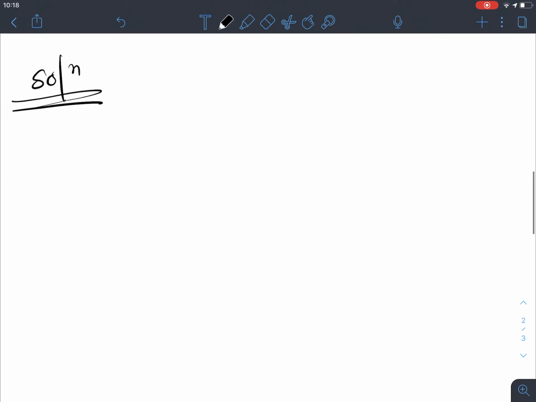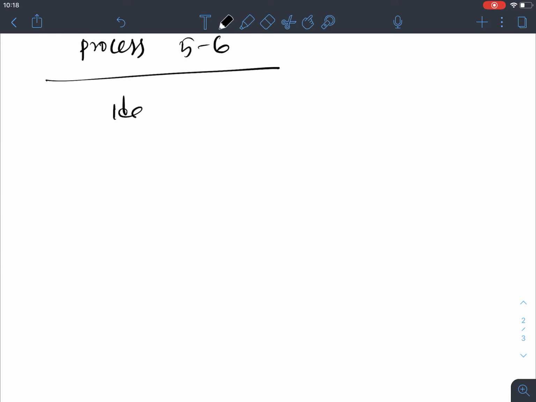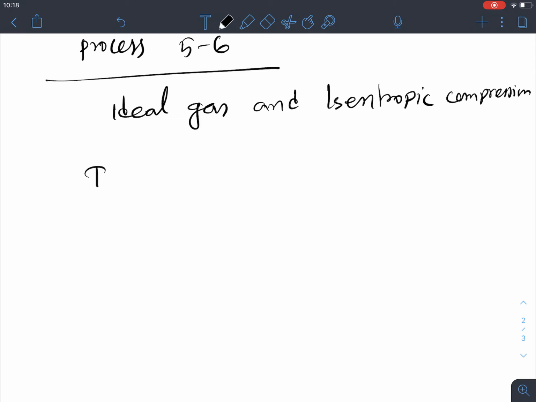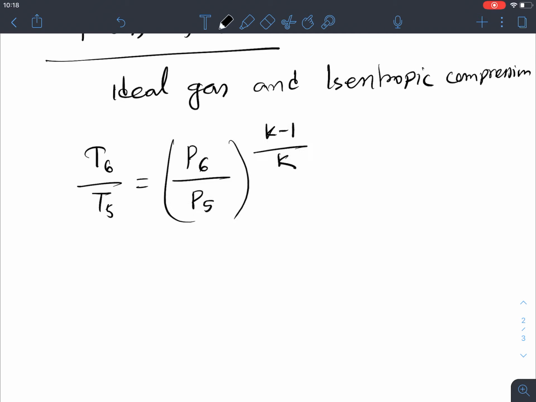If we take a look at process 5 to 6, it's an ideal gas and isentropic compression. So then the formula would be T6 divided by T5 equals P6 divided by P5 to the power (k minus 1) divided by k, right?